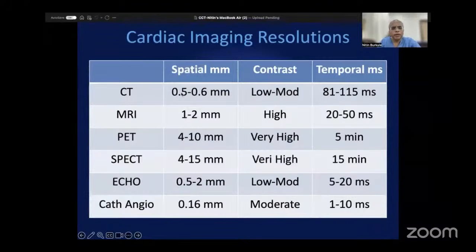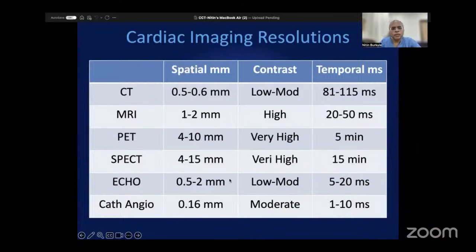If we compare all the cardiac imaging modalities for their spatial, contrast and temporal resolution, one can see that CT has the best spatial resolution, and this spatial resolution is equal in the X, Y, and Z directions. The temporal resolution is very poor in cardiac CT.